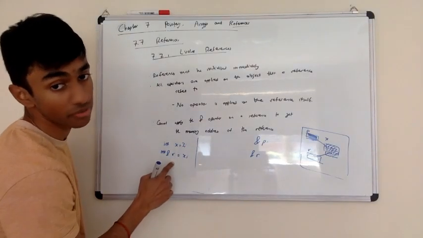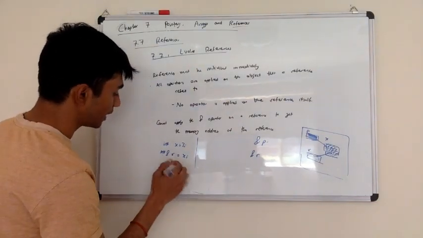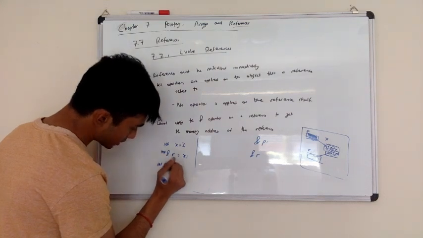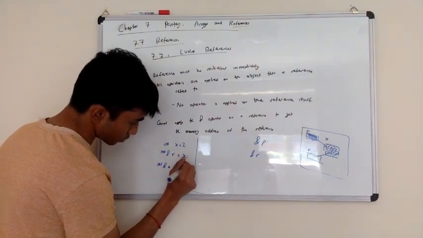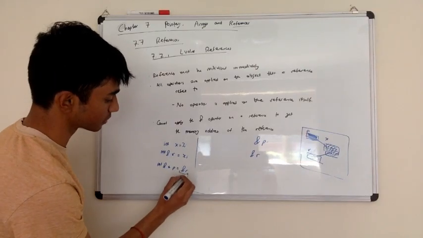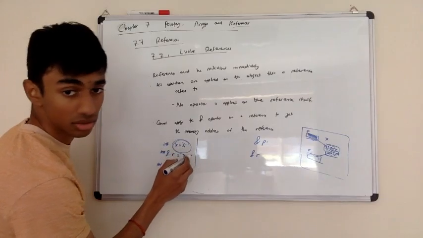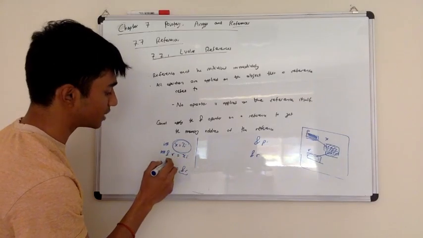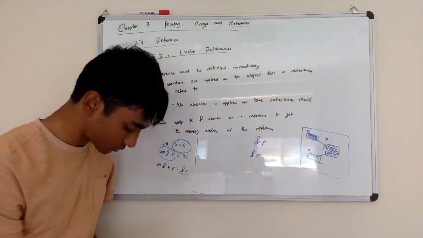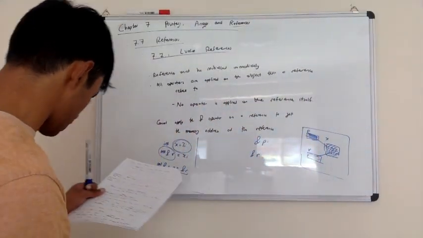Like before, we have some reference that we refer to x with. If we then try something like int ampersand pointer p equals the address of r or something, that's not going to work. Primarily because this will actually give you the address of this, right? So getting the pointer to the actual address of r isn't going to work. Okay? You can only really point to the actual objects and not to references.